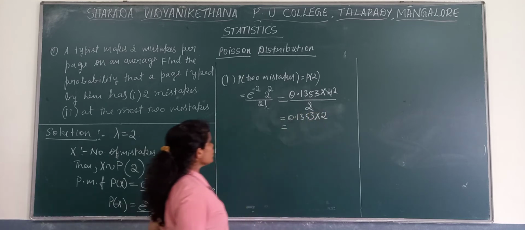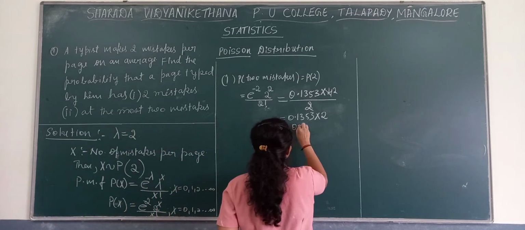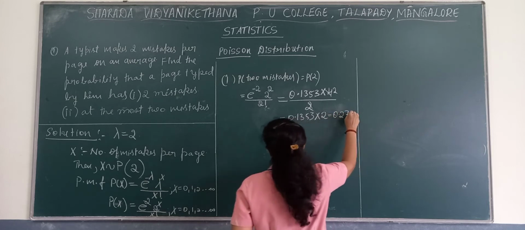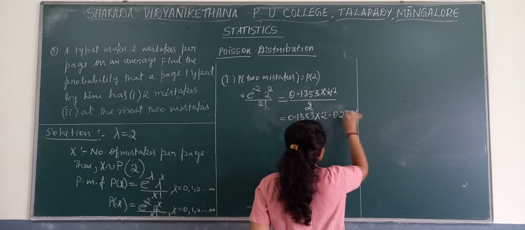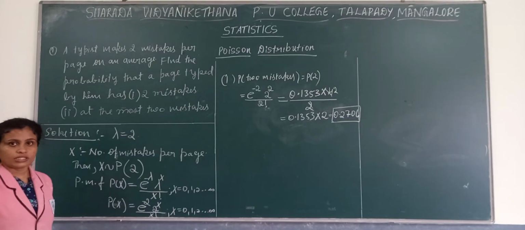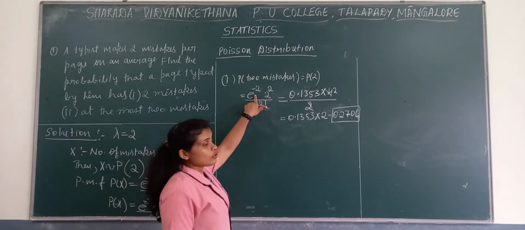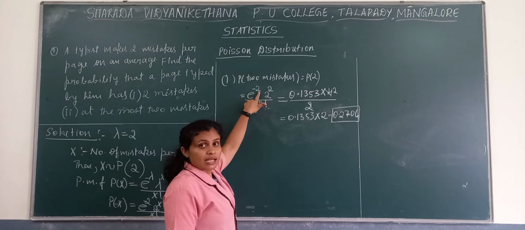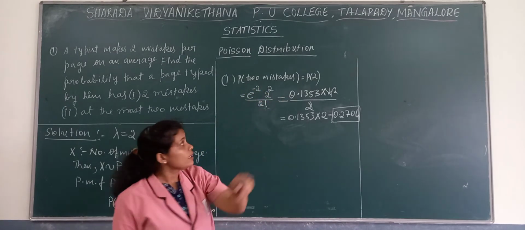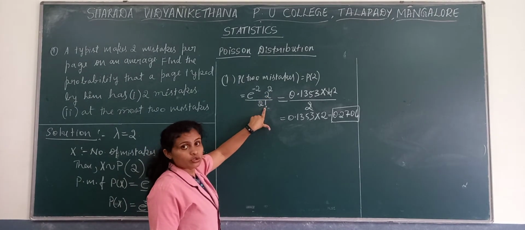Multiply, there we get 0.2706. So this is the value of P of 2. Then we completed the first question: P of 2, e to the power minus lambda, a value we need to get from the table, then 2 to the power 2 divided by 2 factorial.